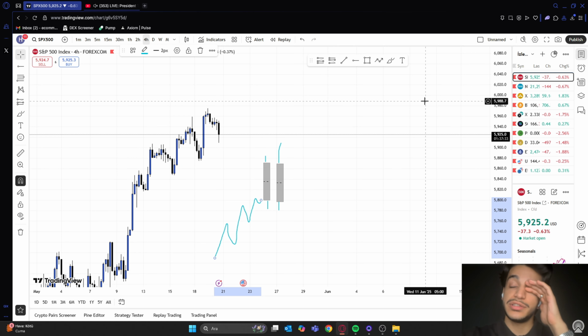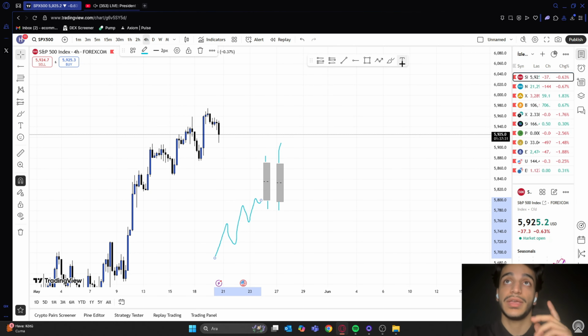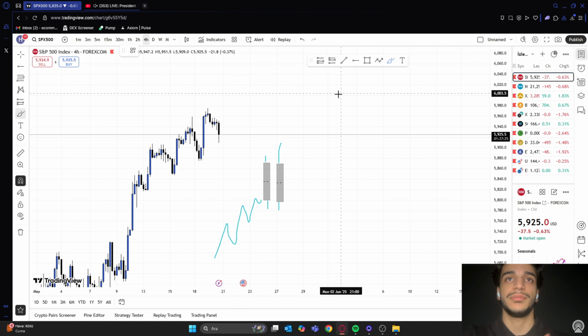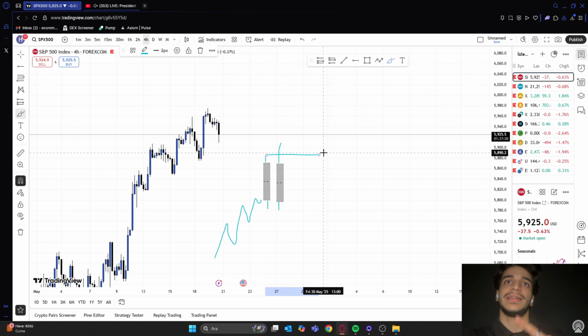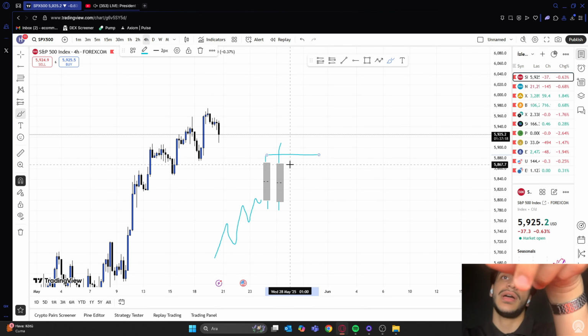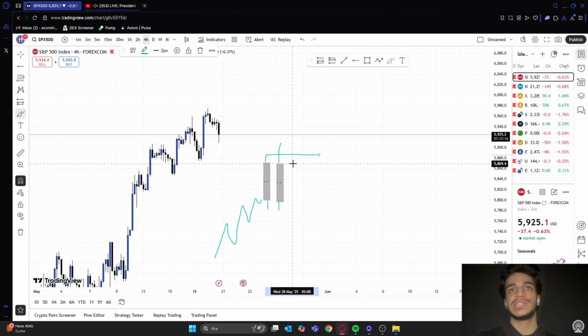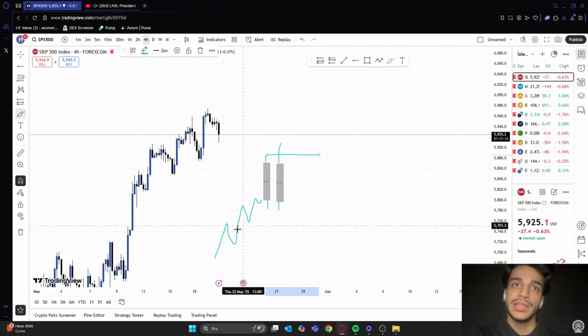So what do I understand in this position? Okay, I couldn't find the brush. So if we see this wick above that wick, we swept our liquidity.